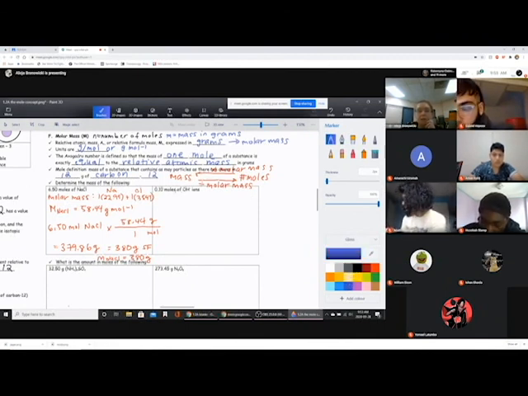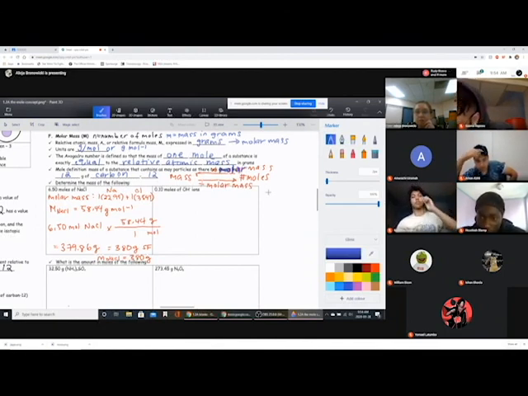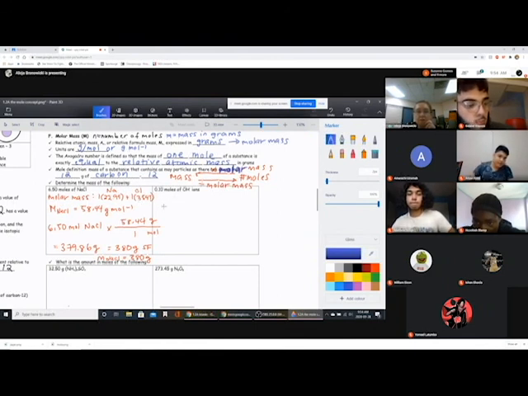Okay, so 0.10 moles of OH minus ion. Again, I want to go from moles to mass. So I need to times by molar mass. Let's figure out the molar mass of OH minus. Just because it's got that minus, that doesn't make a difference. You can still calculate the molar mass using the same technique.